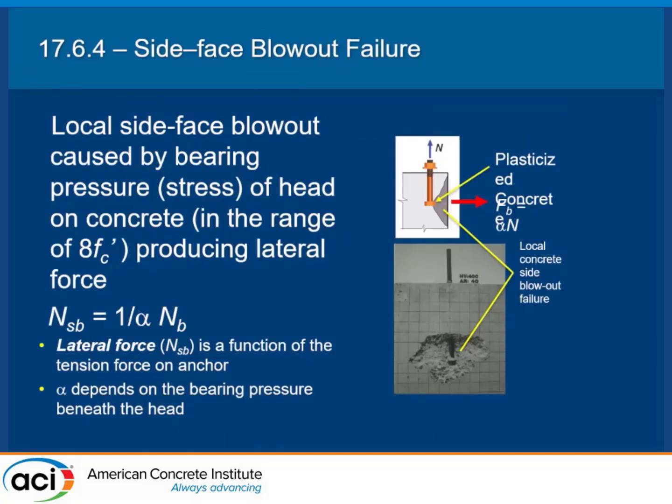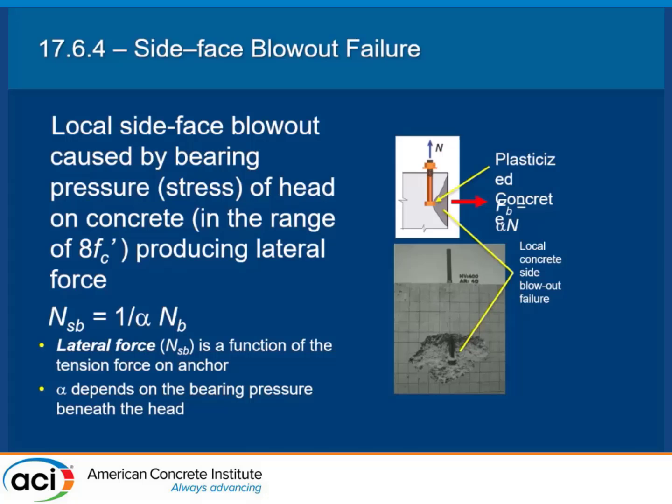Then we have this phenomenon called side face blowout. So when you have a headed anchor that's embedded and it's close to an open edge, there's a lot of force. You've got the concrete breakout that's going to occur. And I kind of disagree with some of what some people say, but this is one of those cases where you don't have any guidance when you don't meet the code.